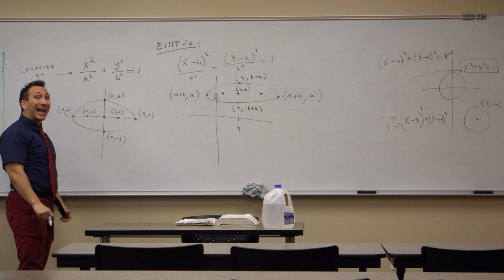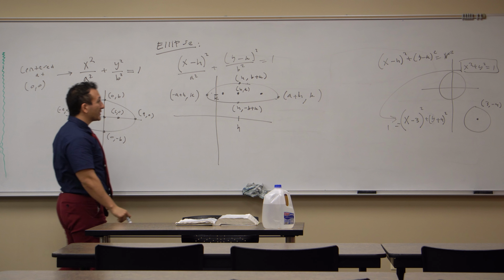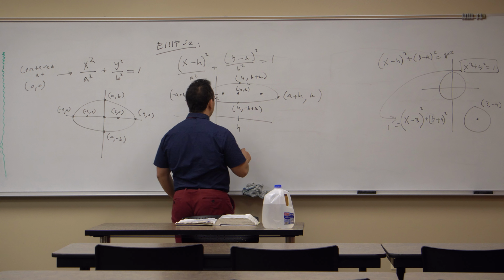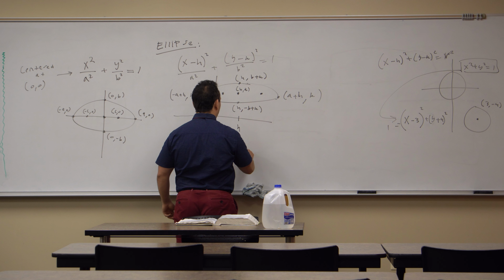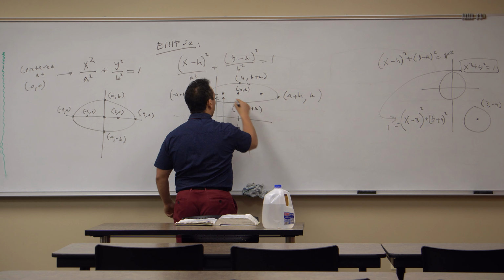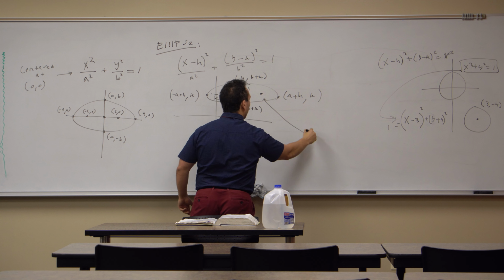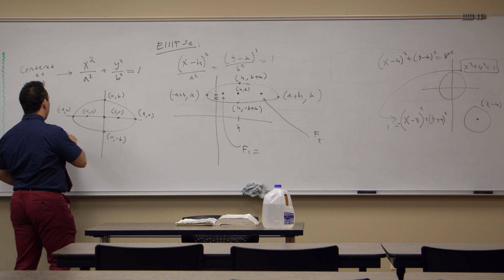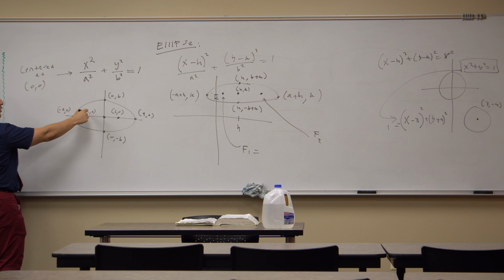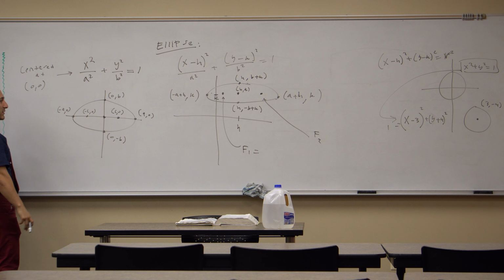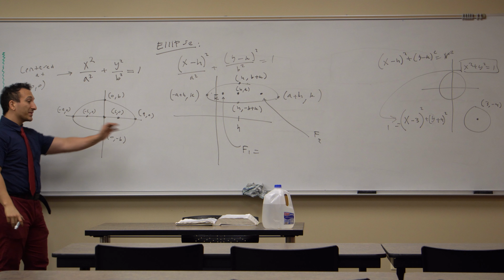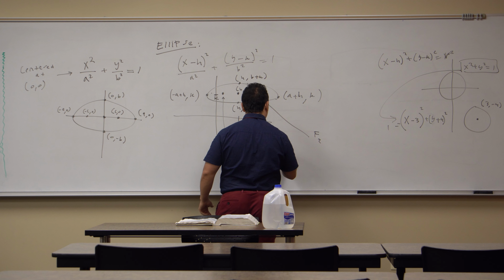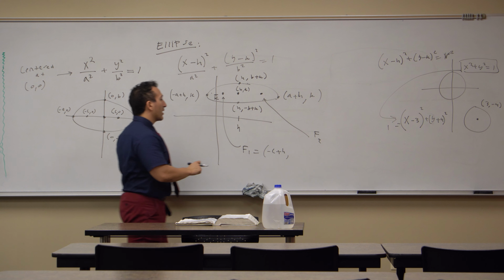What about the foci? This foci right here, and since it's getting kind of cluttered, I'll write F1 to this, and I'll write F2 to this, okay? F1 used to be, the original F1 over here was negative c, 0, but it got shifted on the x by h, so it's going to be at negative c plus this shift in the x.